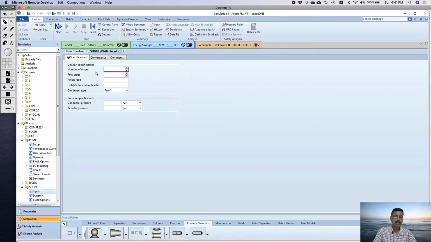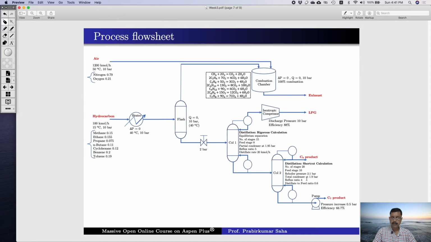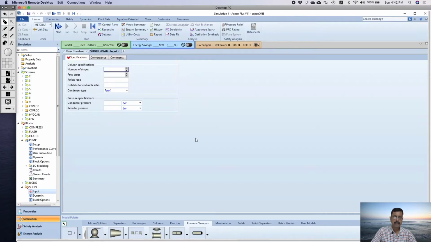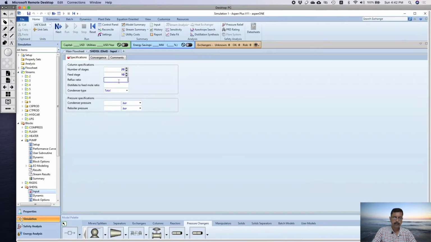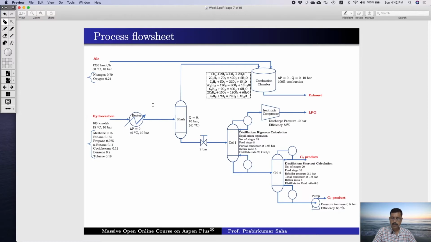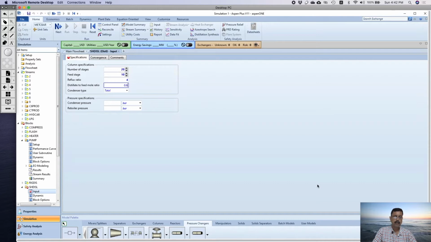Yeah, now the distillation column, the specification we have to give. Number of stages is 20, and feed stage is 10. Reflux ratio is 4. Distillate to feed mole ratio is 0.6, and condenser type is total.